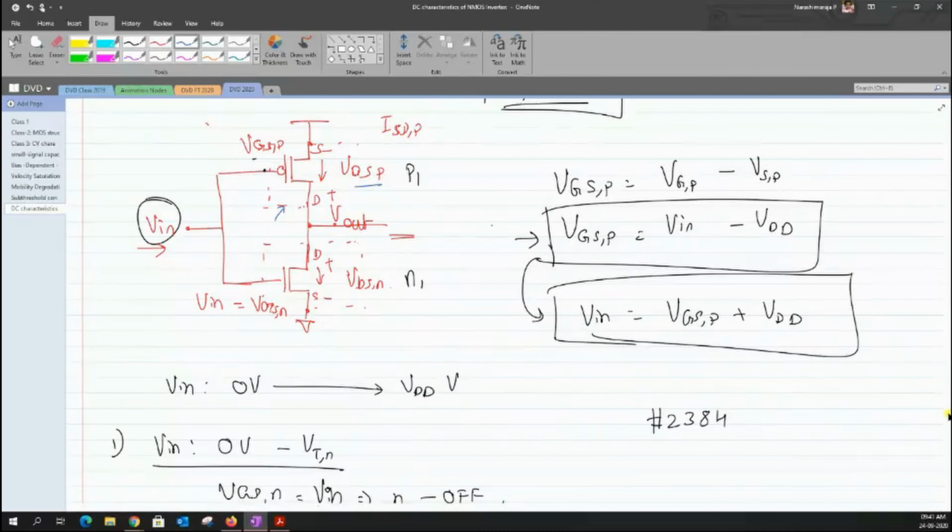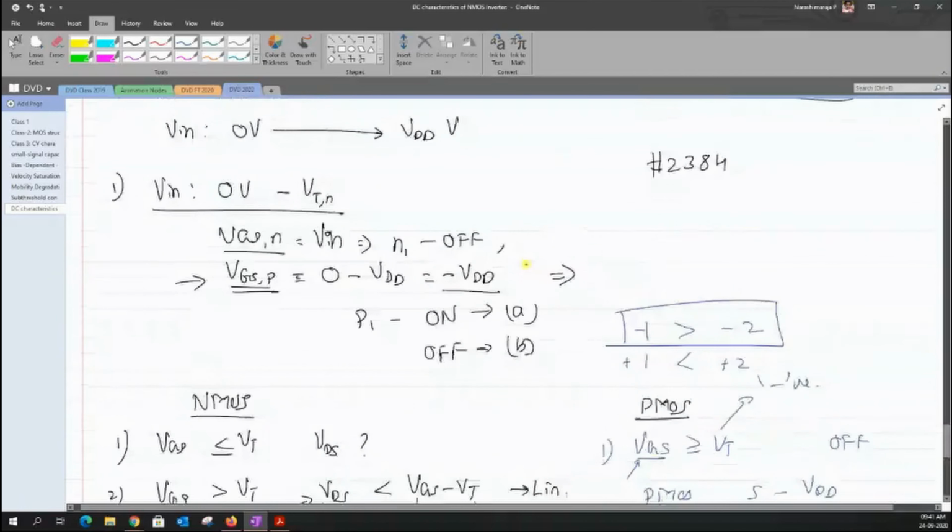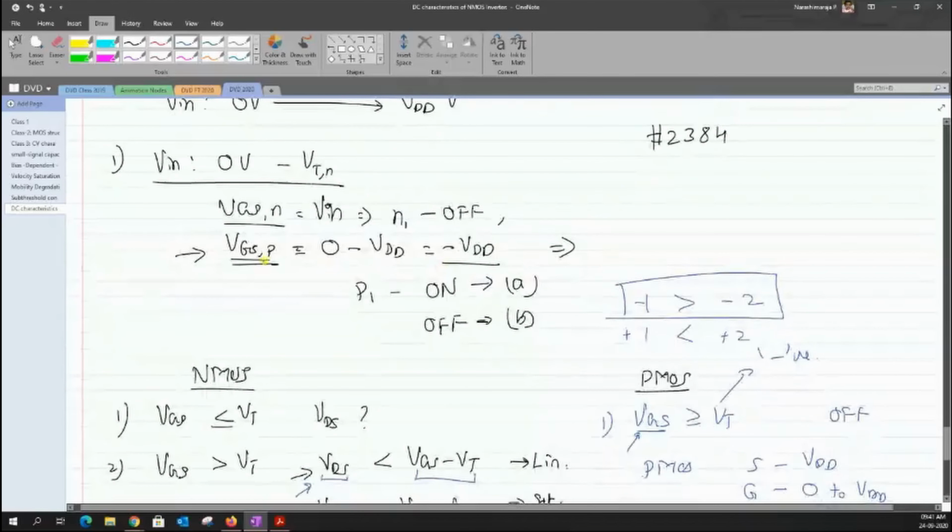Now the answer for this question, which I asked, can be derived right away from here. Clearly the VDS of the PMOS device is equal to minus VDD. So this means it's more negative. Let us assume that our VDD is equal to 1 volt or something, because I have the graphs where I have marked it as 1, as the maximum value.